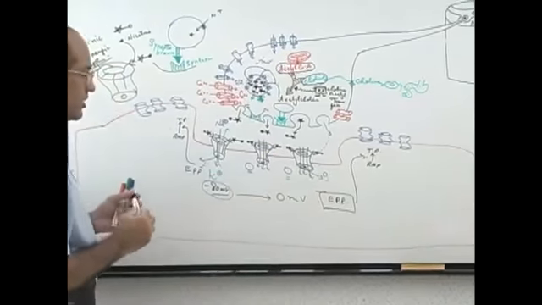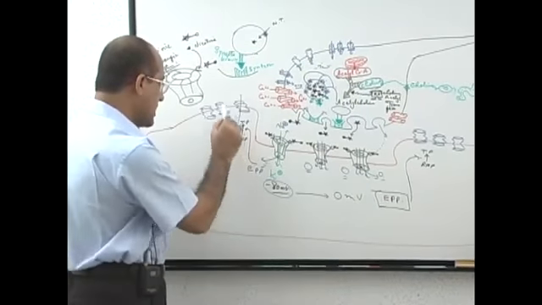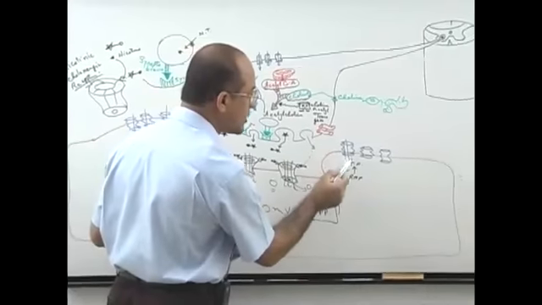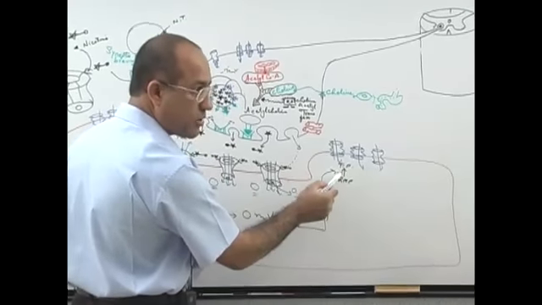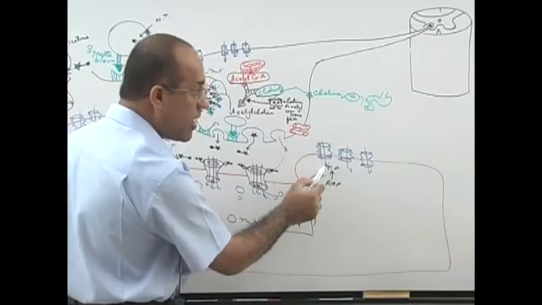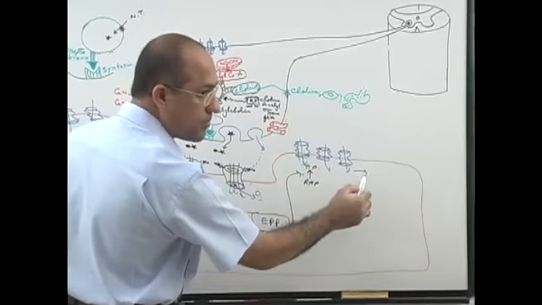At threshold potential, right, what will happen? Voltage gated sodium channels will open and heavy sodium influx will start. And as you know from previous lectures, when heavy sodium influx occurs due to the voltage activation of the voltage gated channels on the muscle membrane, this sodium will stimulate the next area.